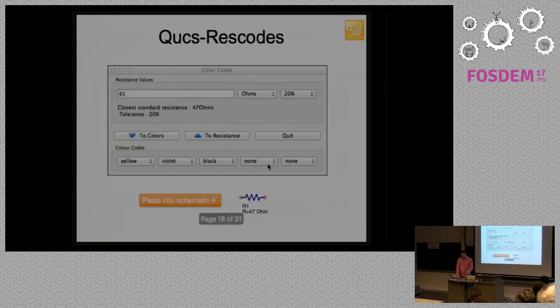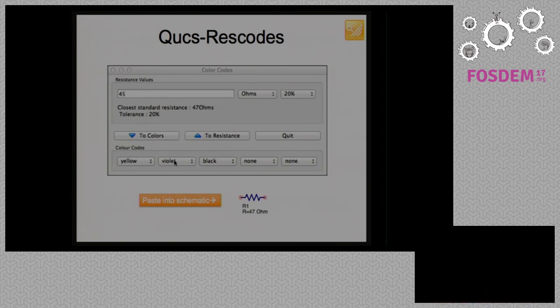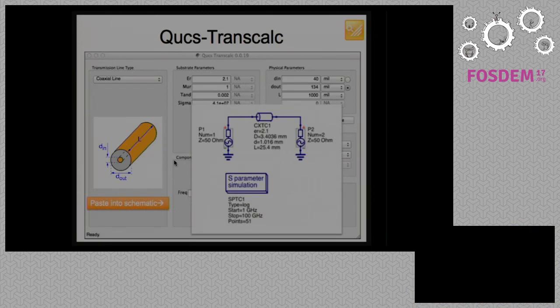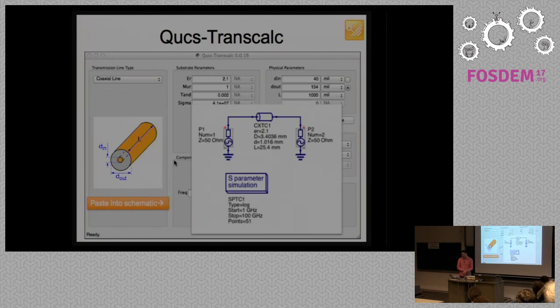And this is the calculation from colors to value or value to colors. Then you have transmission line calculation. There are new components coming for the next release, but it has a dozen components that can already be used for transmission line calculations.